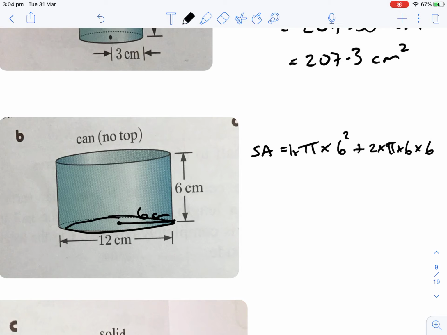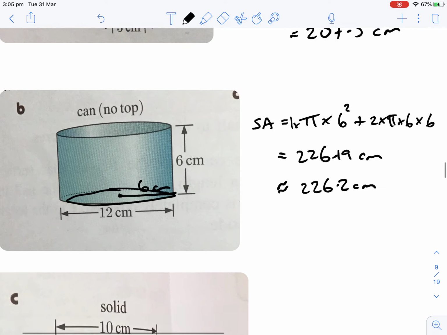So once you process that, you would have got a surface area of 226.19 centimetres. And I might round that again to 1 decimal place because that's millimetres, so 226.2 centimetres.